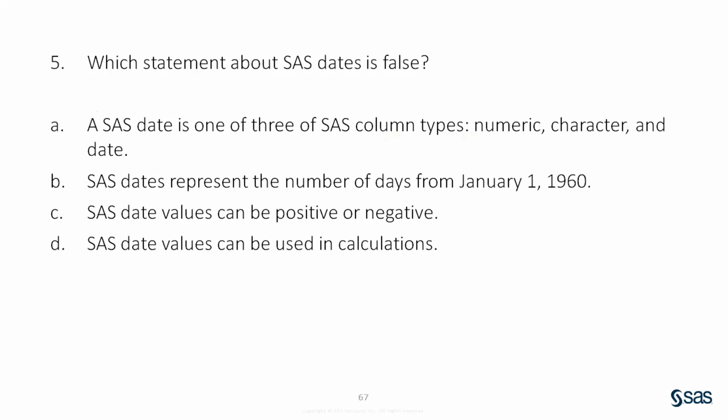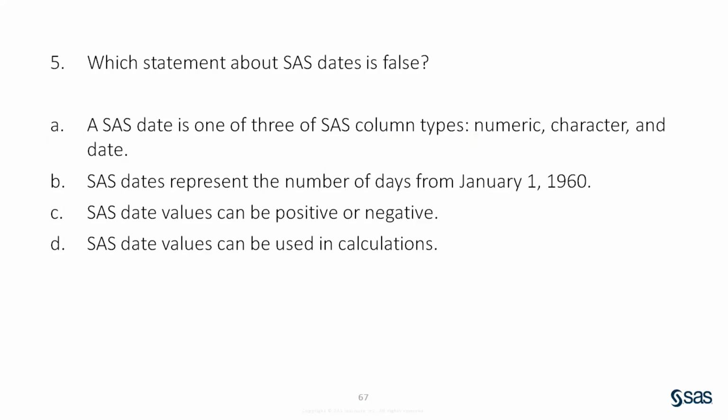Which statement about SAS dates is false? It's asking about false. A, SAS date is one of the three column types? B, SAS dates represent the number of days from a reference date. That's right. SAS date values can be positive or negative. Right.